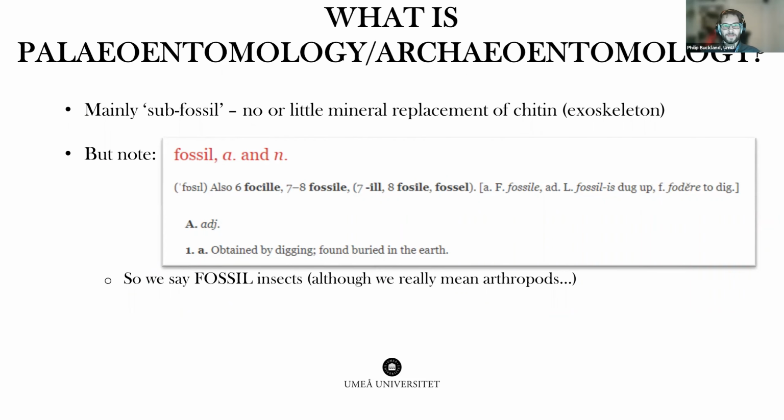So on to palaeoentomology or archaeoentomology. The terms are pretty much synonymous, I would say, though some people maybe prefer one term to the other. If you work more on deposits from archaeological sites and more in terms of human impact, human activity, then archaeoentomology may be your preferred term.